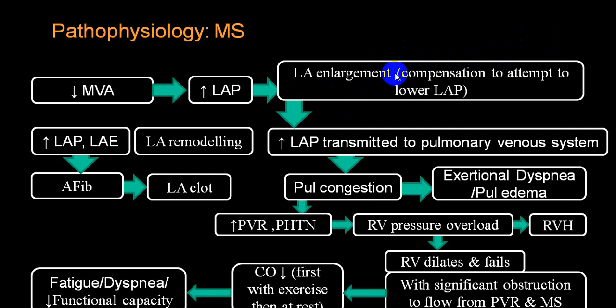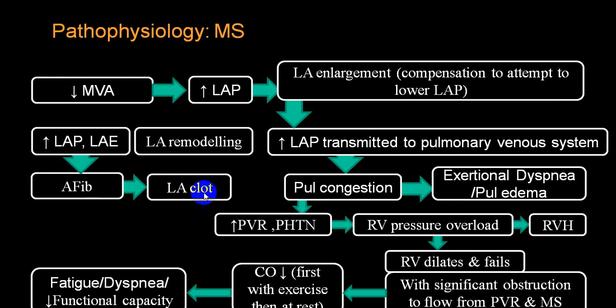Secondary to left atrial enlargement, this can produce a pressure effect on the surrounding structures, damaging the left recurrent laryngeal nerve, and a pressure effect on the esophagus, producing dysphagia, hoarseness of voice, also called Ortner syndrome, and pressure effect on the left bronchus, producing hemoptysis, cough, and can even produce atelectasis, which can end up with sudden dyspnea.